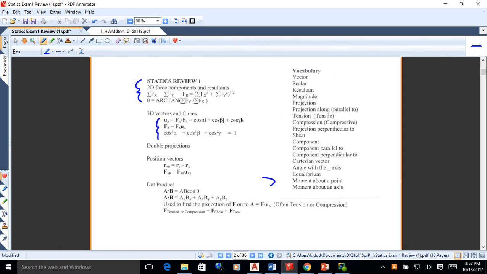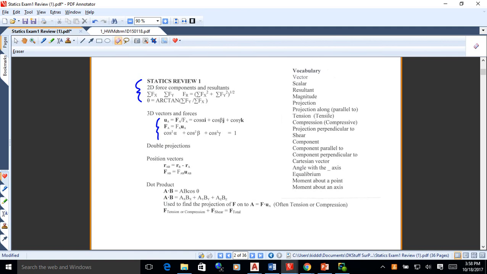And then we did double projections, where we had 2 angles that reference the force to one of the axes as opposed to just one. We had a homework problem on that. And then we went through position vectors, where you start off with a position vector.